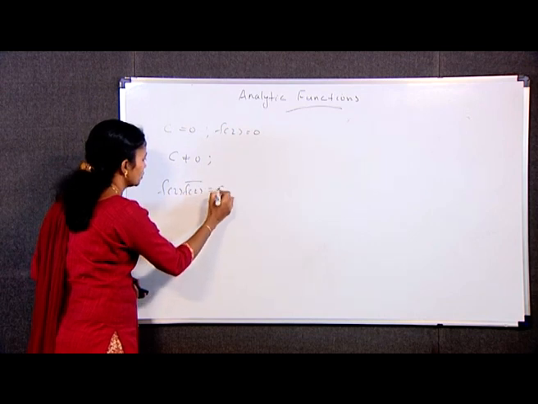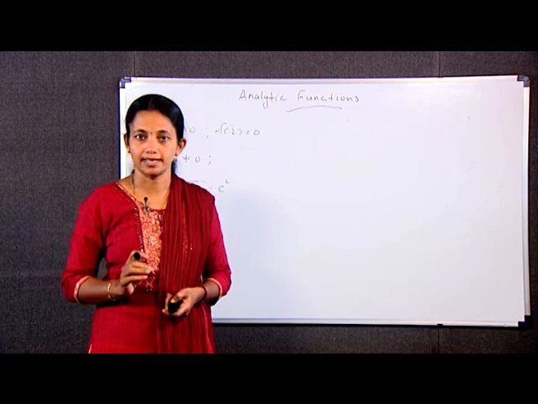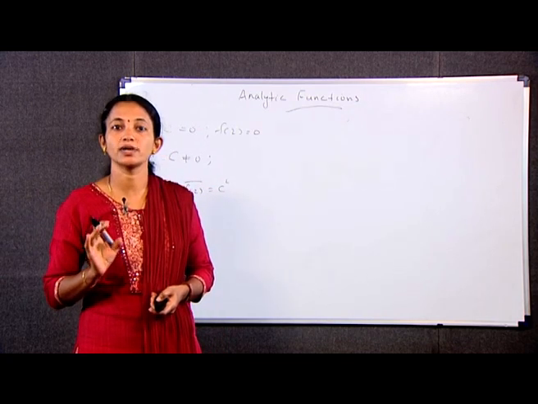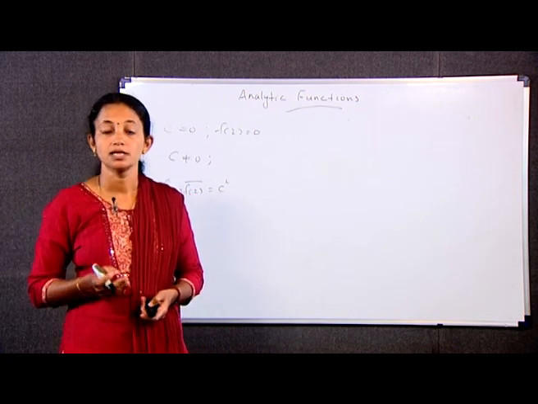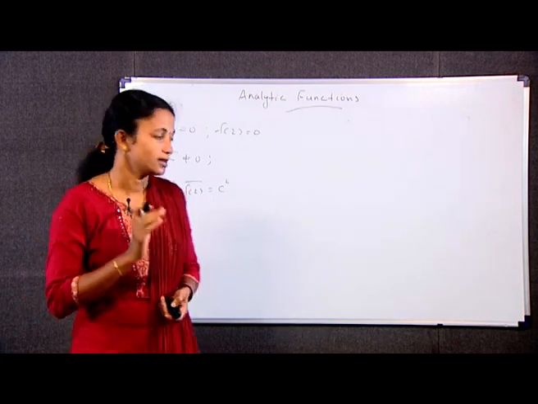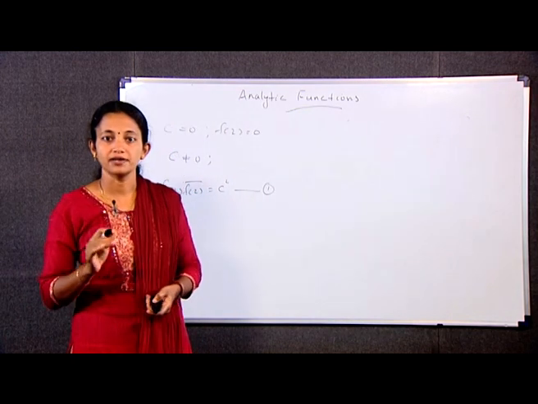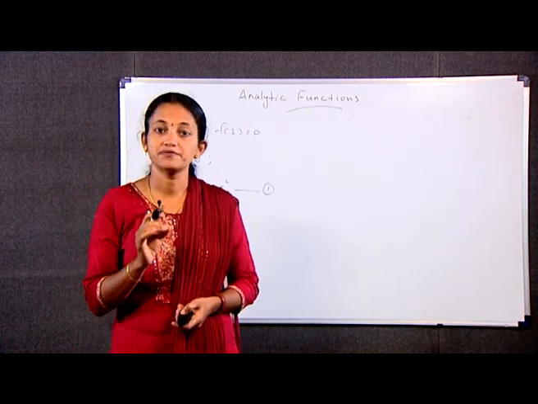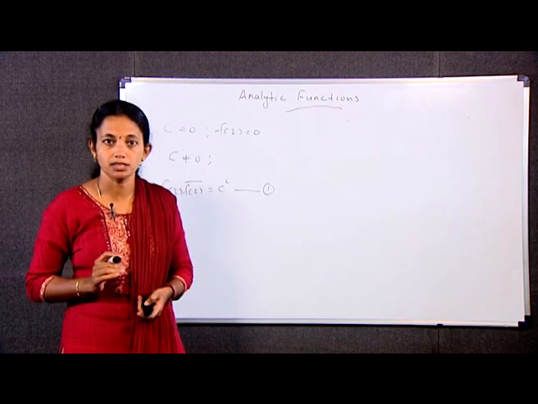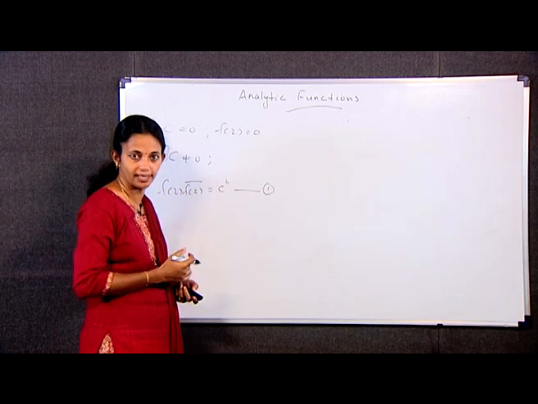This tells us that f(z) is never 0 in D, for otherwise c equals 0, a contradiction. Hence, we can divide this equation number 1 by f(z) and obtain f(z) conjugate, or f(z) bar, is equal to c square by f(z) for all z in D.